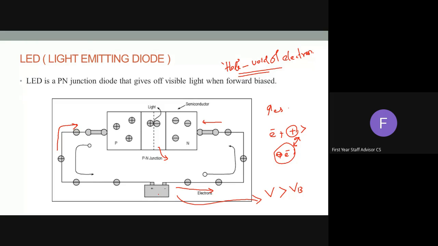If the potential of this cell is greater than the barrier potential, what happens? These majority carriers, electrons, will have energy to cover this barrier potential. So what happens when these majority carriers travel across this junction? Carrier recombination takes place and the extra energy is given off as light, and this is how light is emitted from a light emitting diode.